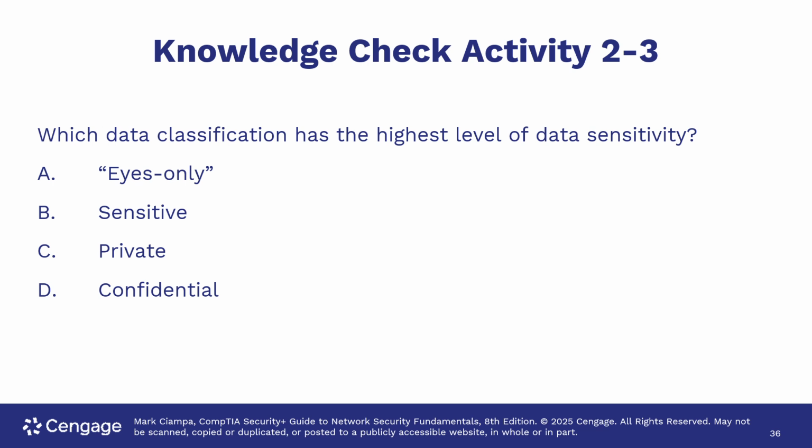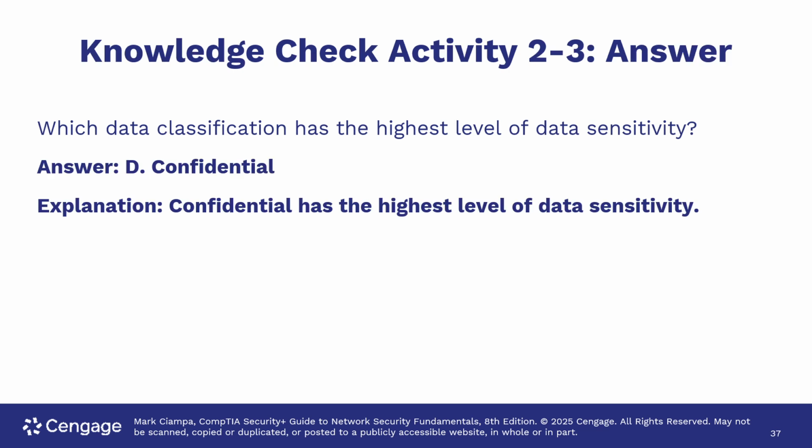Remember, if you're not sure, eliminate it through a process of elimination. Okay? So when you look this over, if you go back and look at the answer in the slides, it's confidential data that has the highest level of data sensitivity. So confidential data.